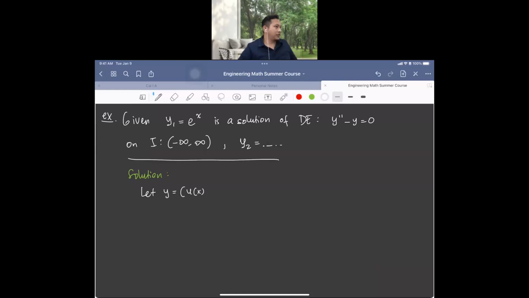So let y equal u of x multiplied with y1 of x, or simply u of x multiplied with e to the power of x.